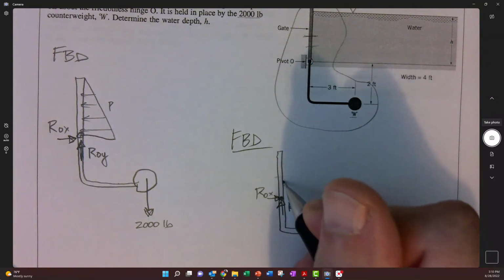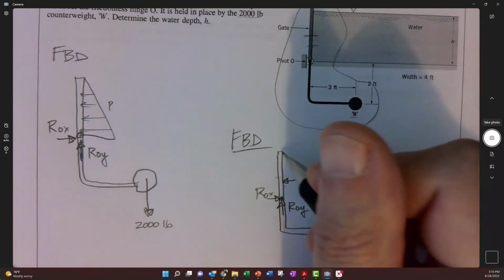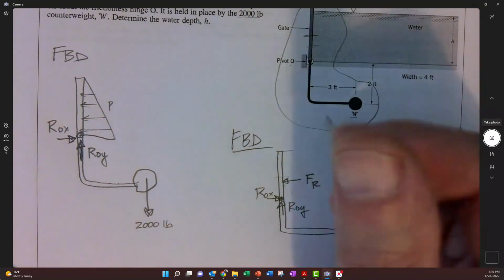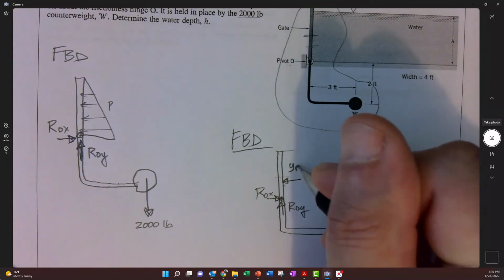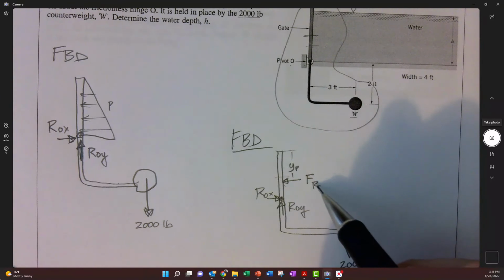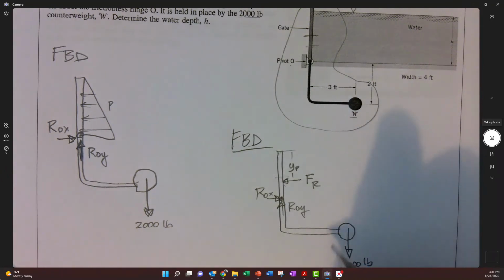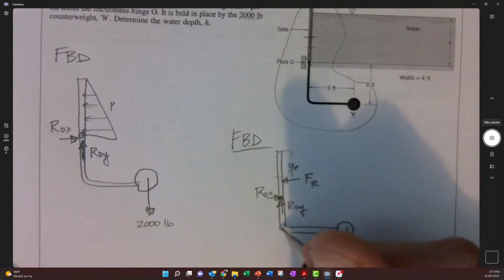So I'm going to write this F_R right here, and this distance, using the book's nomenclature, y_P. Here's that equivalent force, and here's the distance from the top, and I'll put some other dimensions on here.